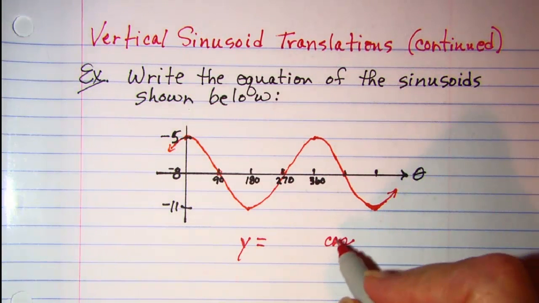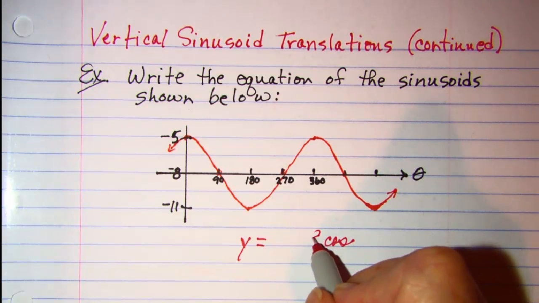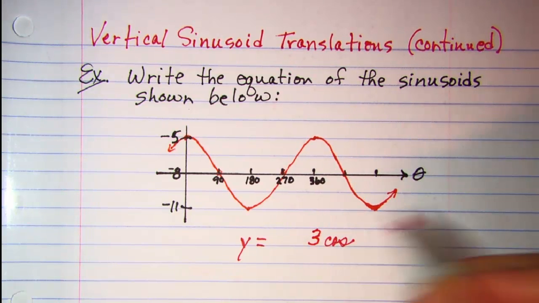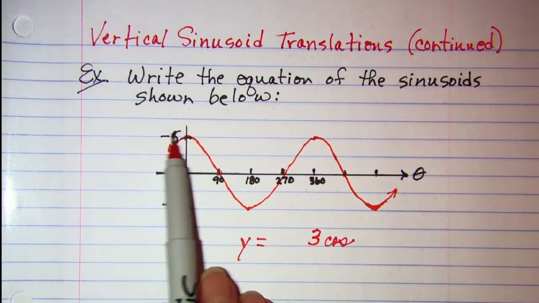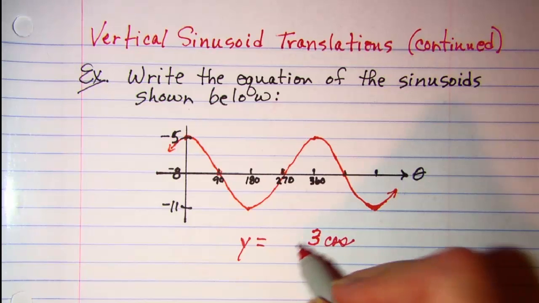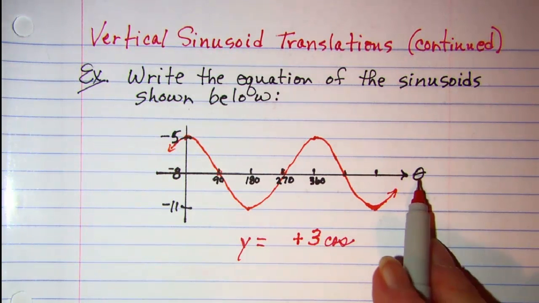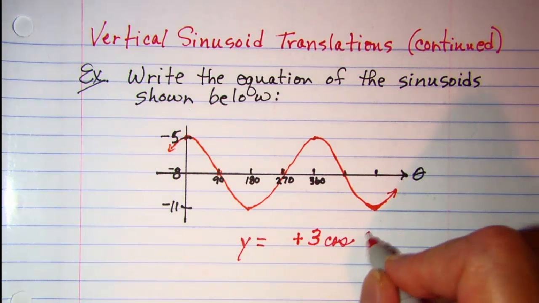So my cosine has an amplitude of 3. Also, since it started at the max instead of the min, it's a positive 3. And my argument is theta.